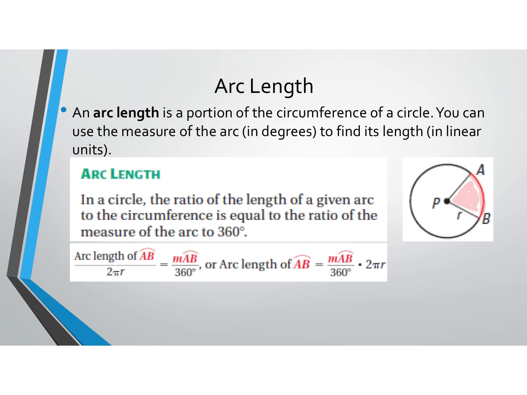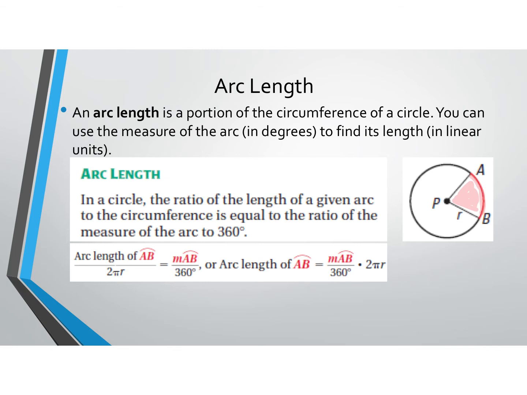So when they talk about arc length, it's going to be measured in something like inches, feet, centimeters, a linear unit. When we talk about the measure of the arc, that's when we're talking about the arc measure in degrees.